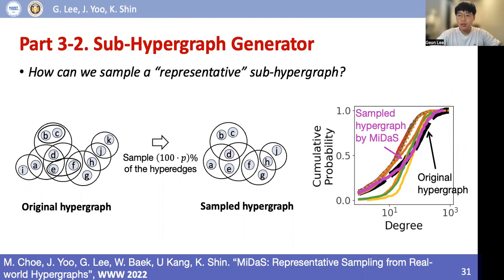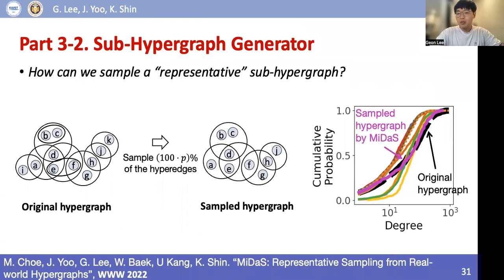So our goal is to generate a representative sub-hypergraph by sampling only a small number of the hyperedges of the original hypergraph. The term representativeness can be quite ambiguous, but it simply means that we want the sub-hypergraph to preserve the structural properties of the original hypergraph.